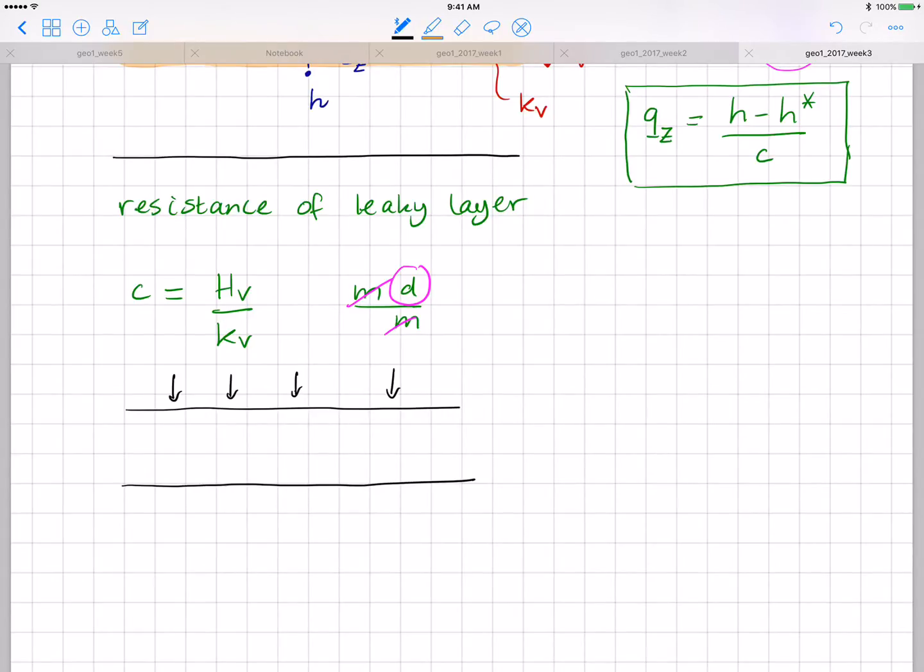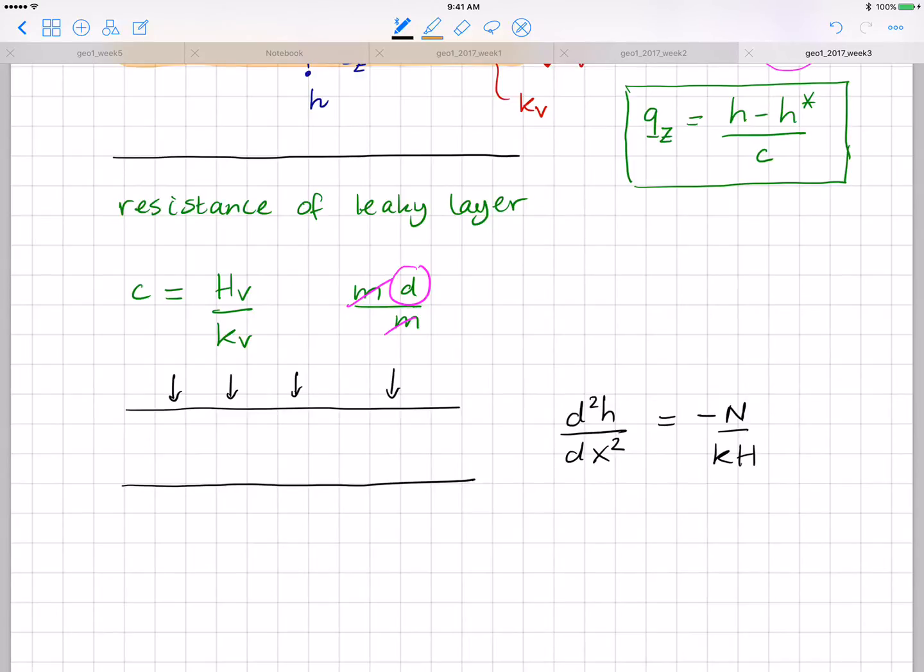And we had derived that the second derivative of the head with respect to x squared, this is for one-dimensional flow, is equal to minus N divided by kH. And this is for confined flow.